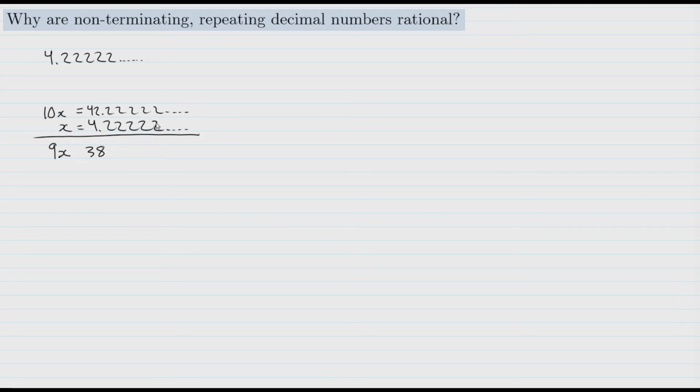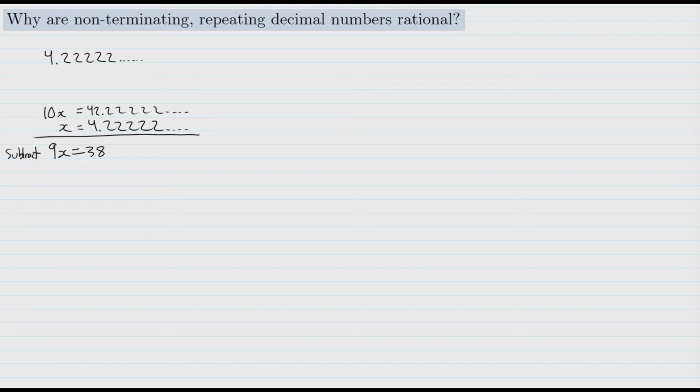So the answer is simply 38. Now we can write that these two results are equal. And think about why. We know that 10x was equal to this, and we know that x is equal to this. So therefore, if we do this minus this, we should get the exact same result as if we do this minus this. So that is indeed true, and I'll just write a little note here that we subtracted.